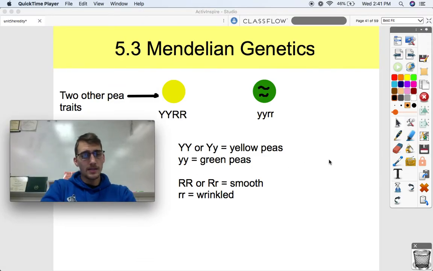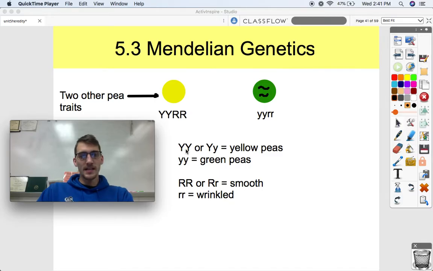All right, he crossed a true breeding pea plant that produced yellow, smooth peas, represented by this dot over here, with a true breeding green, wrinkled pea plant. Here are the genotypes and phenotypes I've listed for us.